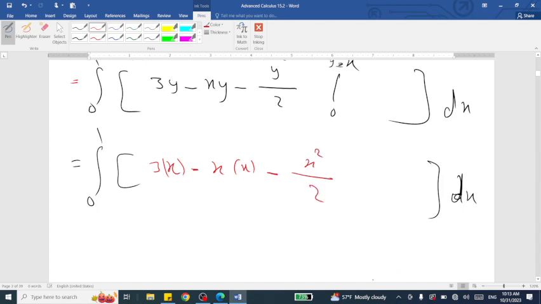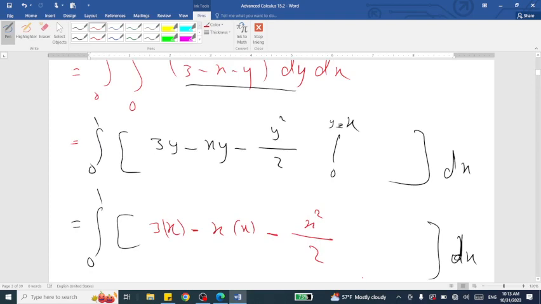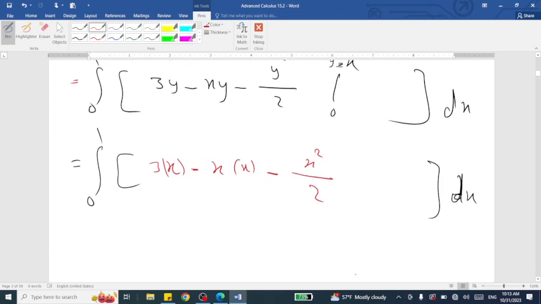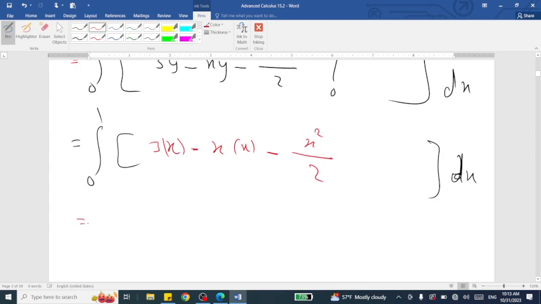Be sure that when you substitute this value, you will never get y in it. Careful. You got it? Good. So I will get 3x minus x squared minus x squared over 2 dx.